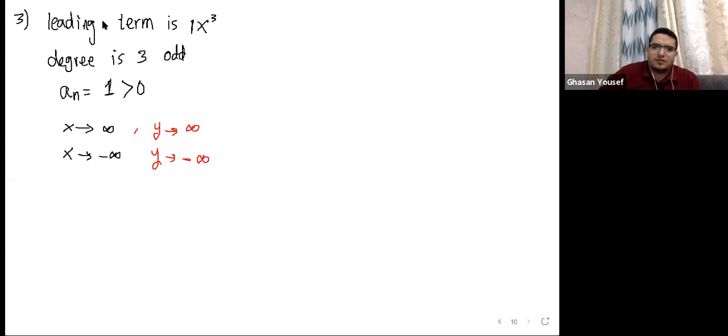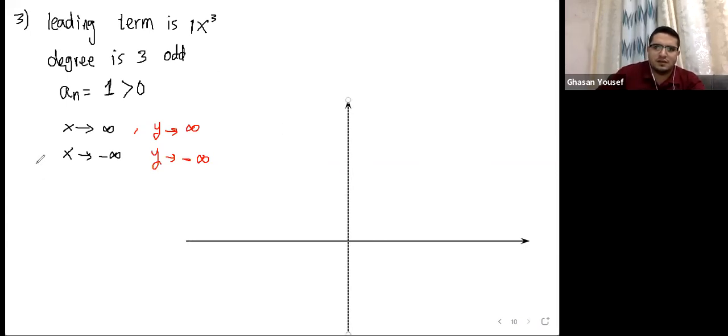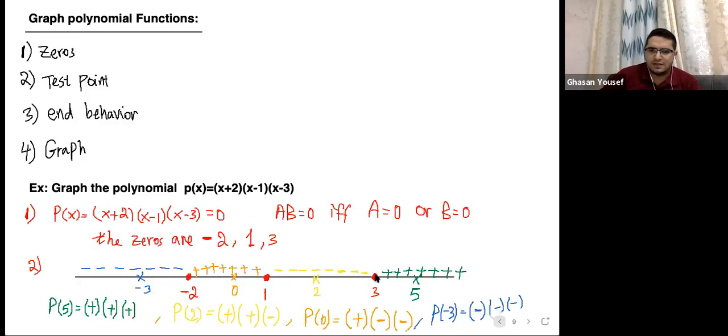So first of all, when you graph, this is step number 4. I have to draw the Cartesian plane like this. You have to put the zeros on the x-axis. So what are the zeros? They are 3 and 1 and minus 2.